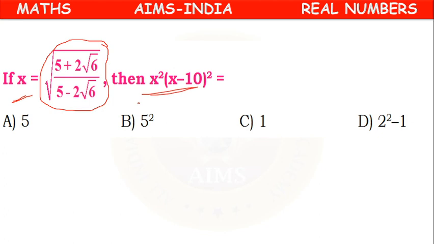How to simplify this? Because it's a big number. X value is given, x square they are asking.